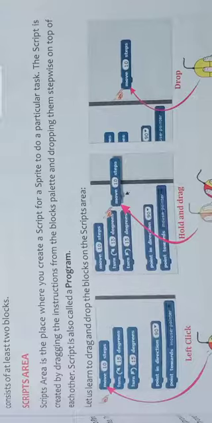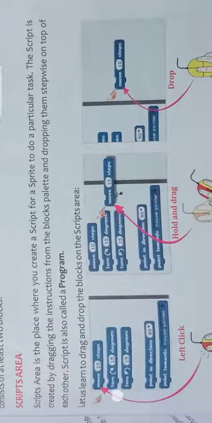Suppose I am saying a dialogue, and after my dialogue there is another dialogue delivered by a villain or a hero or any other person, then that dialogue will come in that script area.